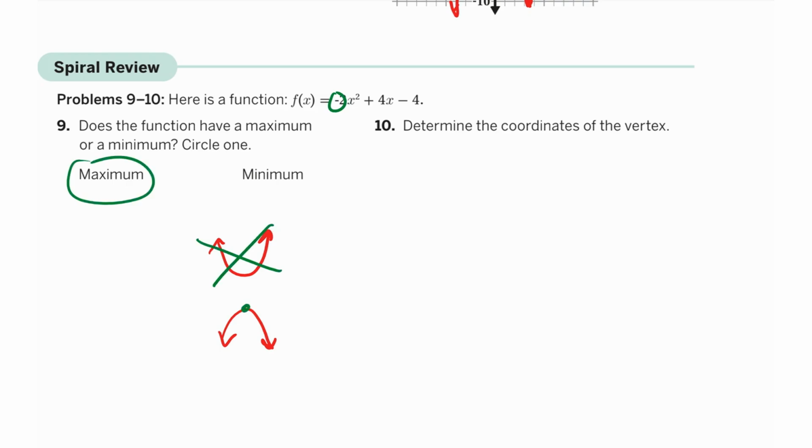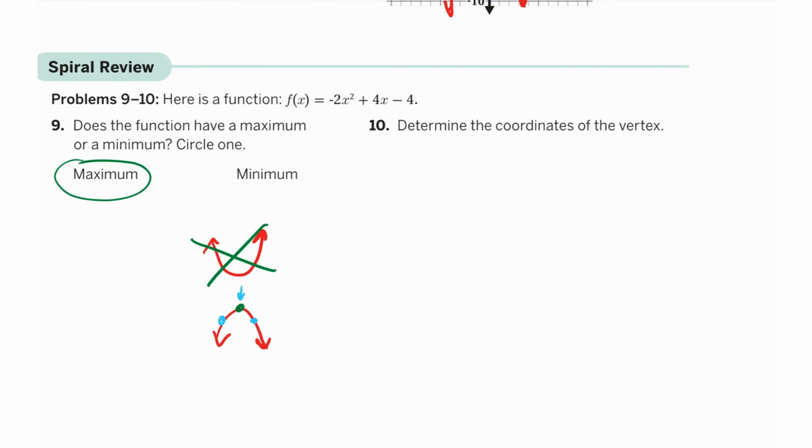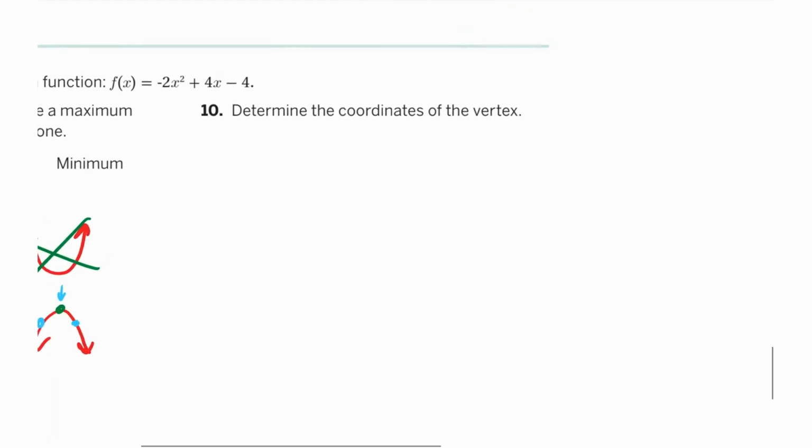Next, it asks us to determine the coordinates of the vertex. There's a couple ways that we can do this. We could either find the zeros, meaning where it crosses the x-axis, and find the halfway point in between those two, or I'm going to actually use one of the equations that I know to help me with this.